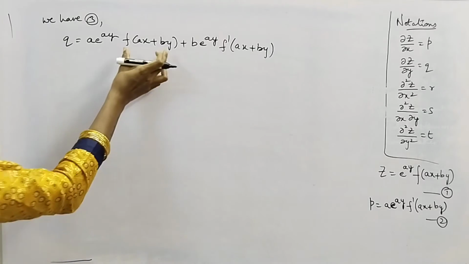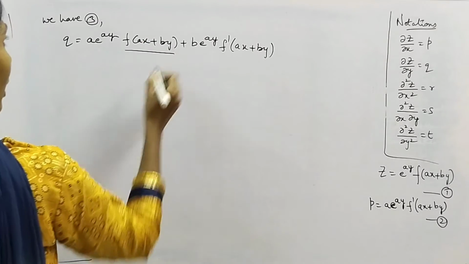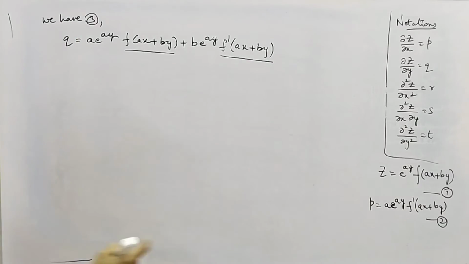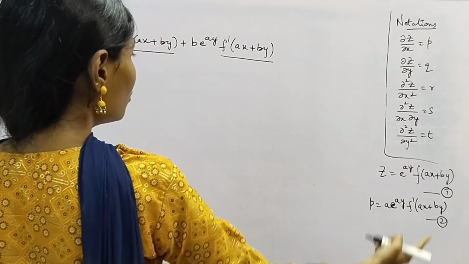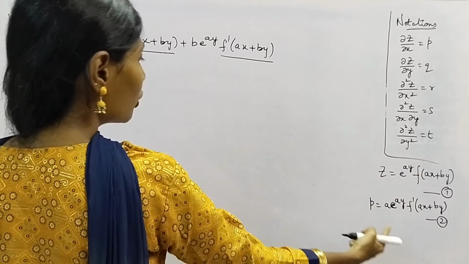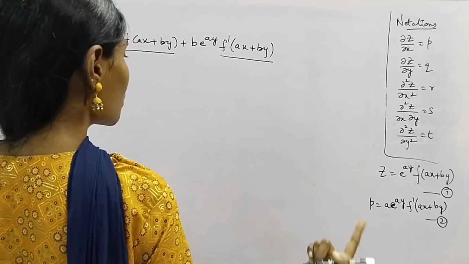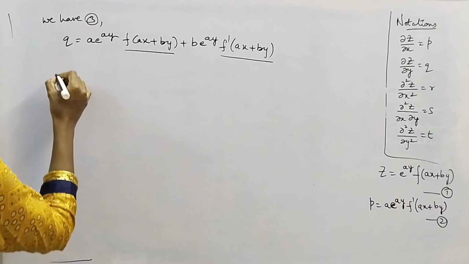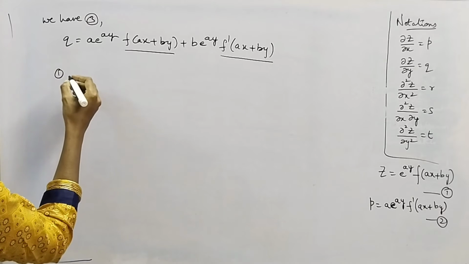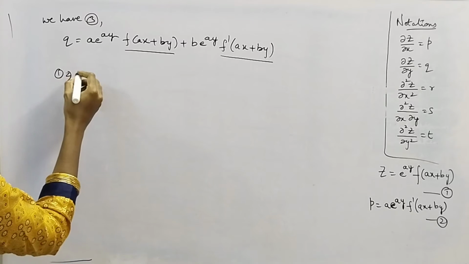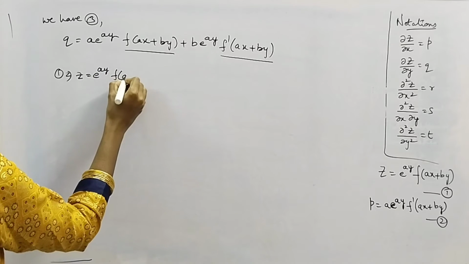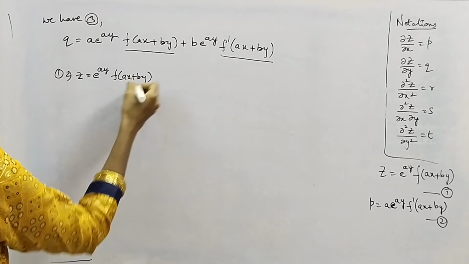If you notice, we are having f of ax plus by and f dash of ax plus by. So using 1, we can find the value for f of ax plus by, and using 2, we can find the value for f dash of ax plus by. Okay, so let's see. We have 1: z equal to e power ay into f of ax plus by, right?